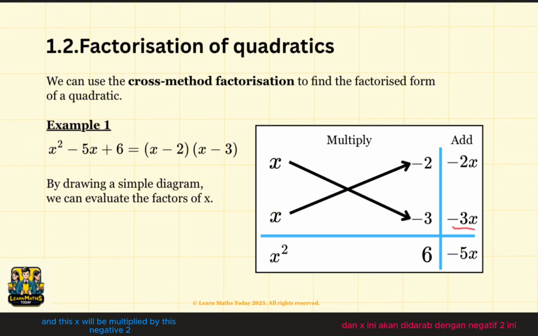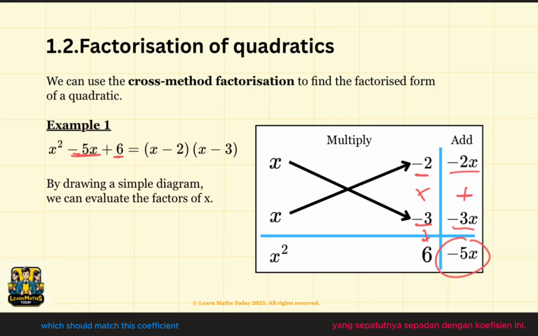And this x will be multiplied by this -2 to give you this -2x over here. And if you add these two together, it'll give you -5x, which should match the coefficient over here. Similarly, -2 multiplied by -3 will give you -6, which should match this coefficient. So since these all match, therefore these two are the correct factors for this quadratic equation.